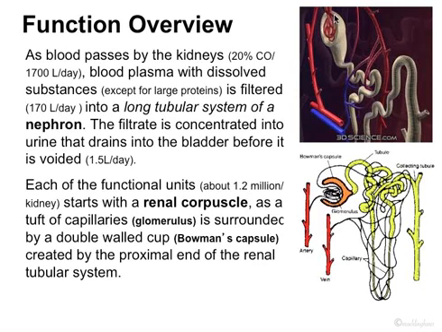That double-walled cup is called the Bowman's capsule, and that is actually the proximal end of the renal tubular system. In each kidney we have about 1.2 million of those structures. All together, they help filter 170 liters a day, and we void about 1.5 liters of that.